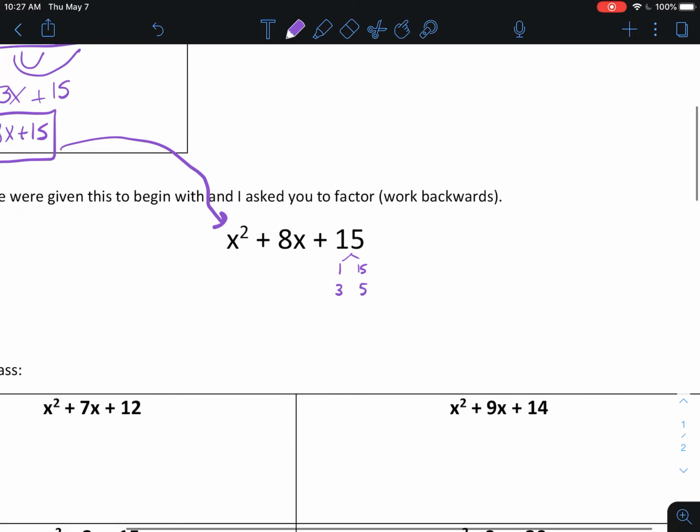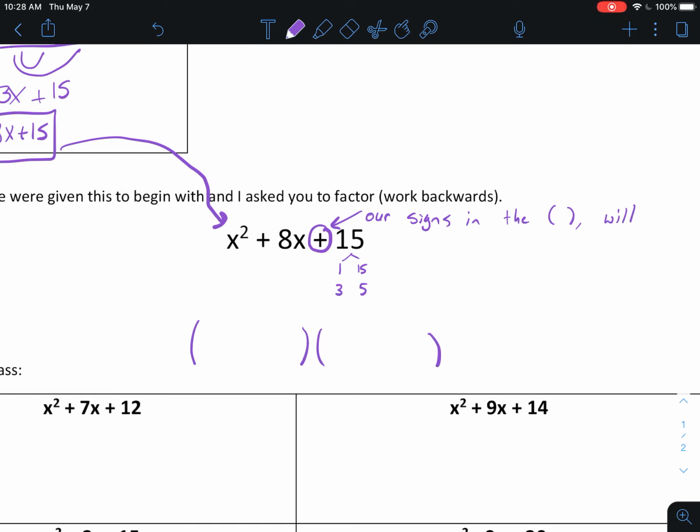Okay? Whenever I factor, the first thing I should do is set up two sets of parentheses just like this. And then signs actually tell us everything about these two sets of parentheses. Because the last term is positive, our signs in the parentheses will match.